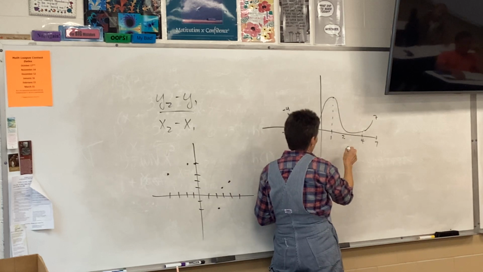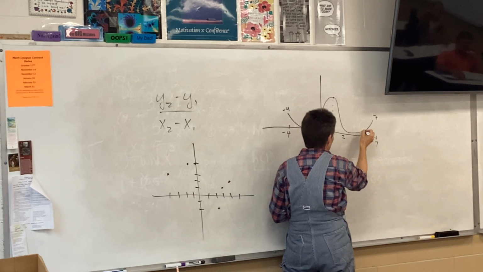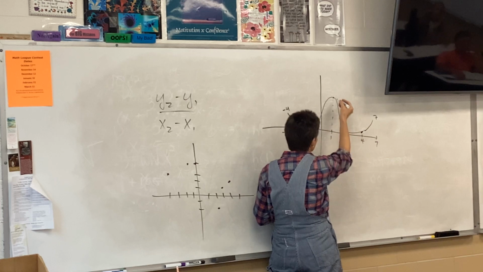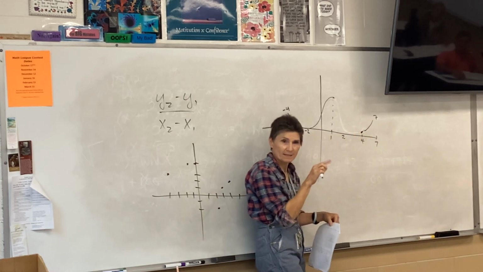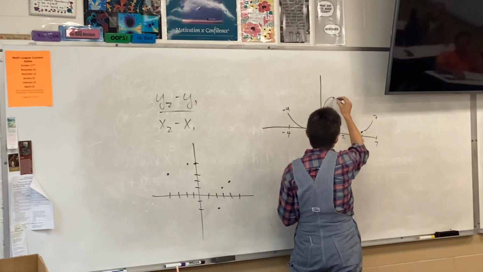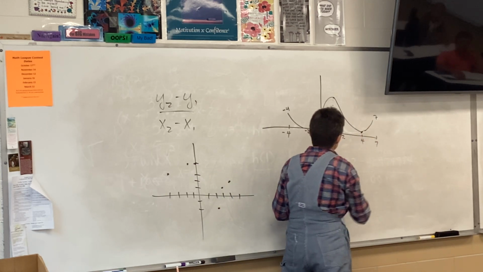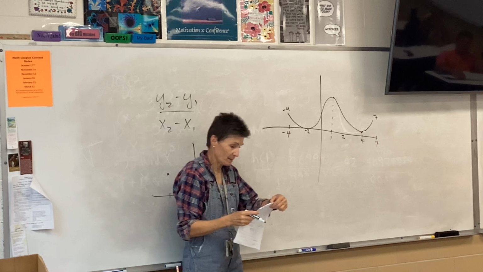There was a little bit of a problem there. Because we're supposed to be decreasing from 1 to 4, and you kind of started back up, so okay, maybe just smooth it out a little bit like that.